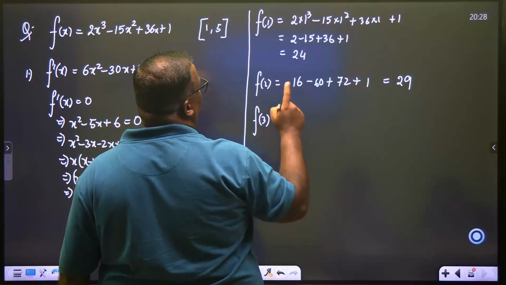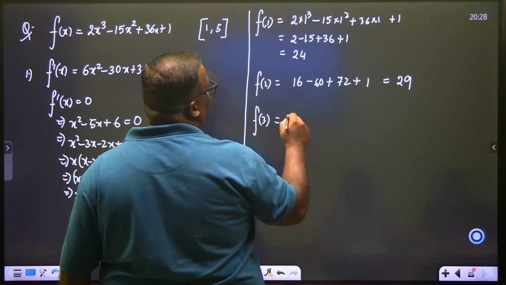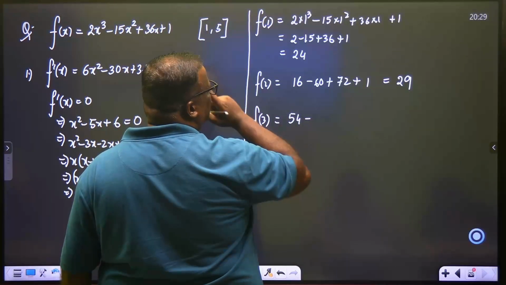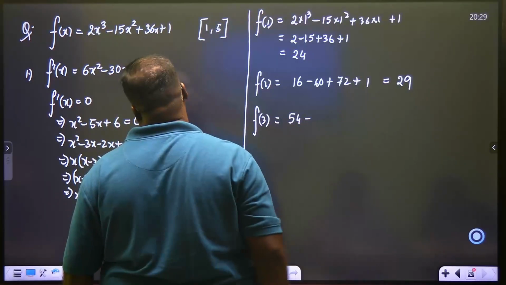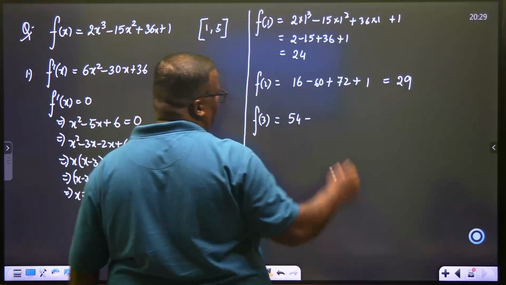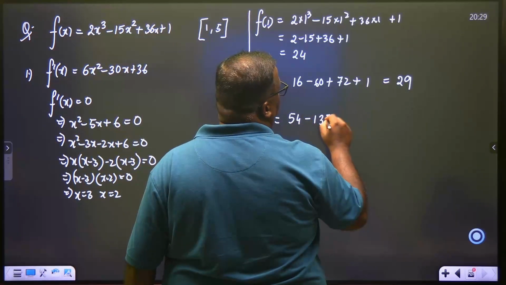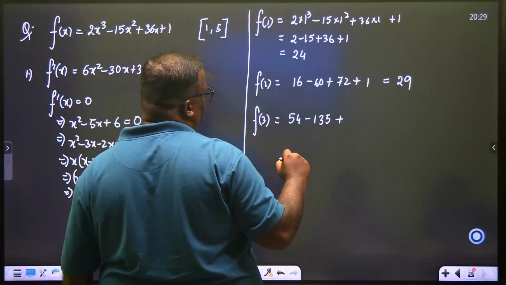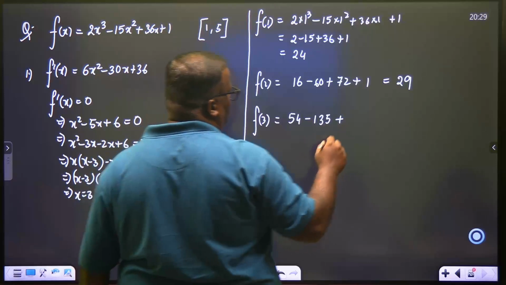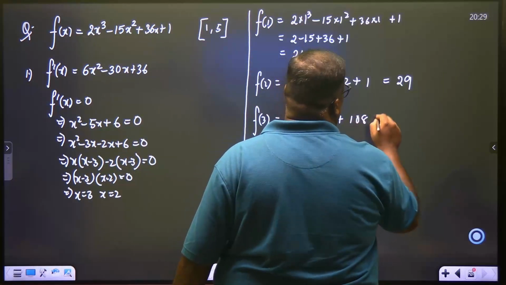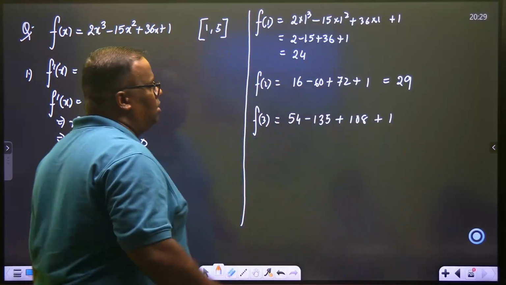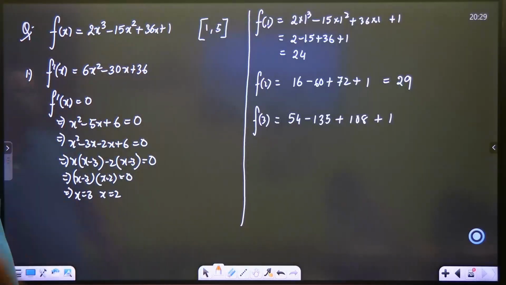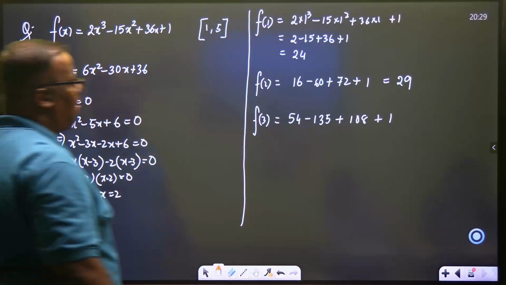Then f of 3. f of 3 means 3 3s are 9, 3 9s are 27. 27 2s are 54. 3 3s are 9. 15 9s are 135. Plus 36 into 3, which is 108. 108 plus 1. Come on, tell me. 135 and 108.